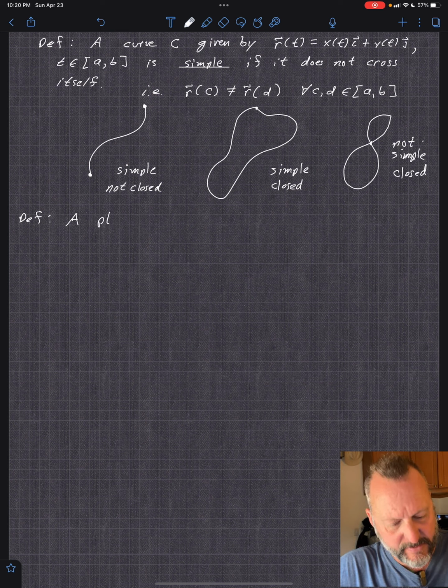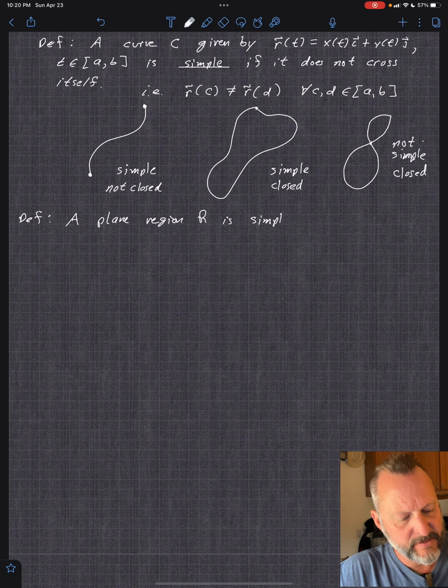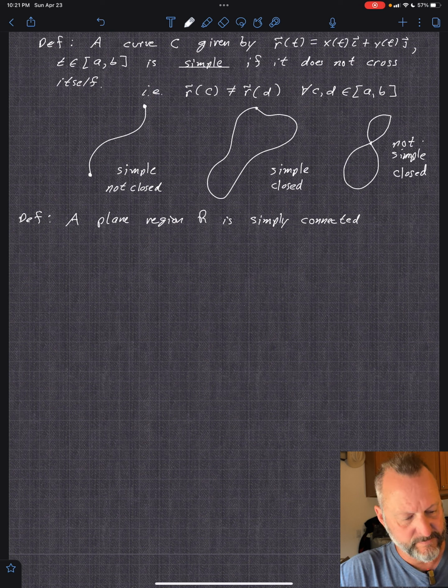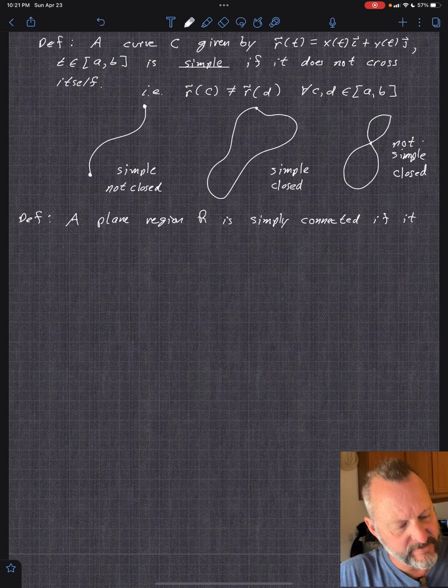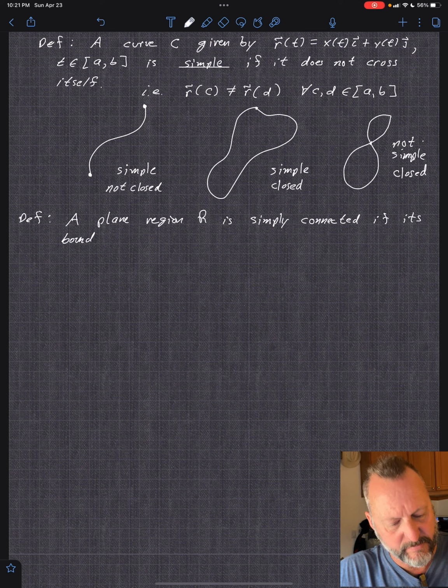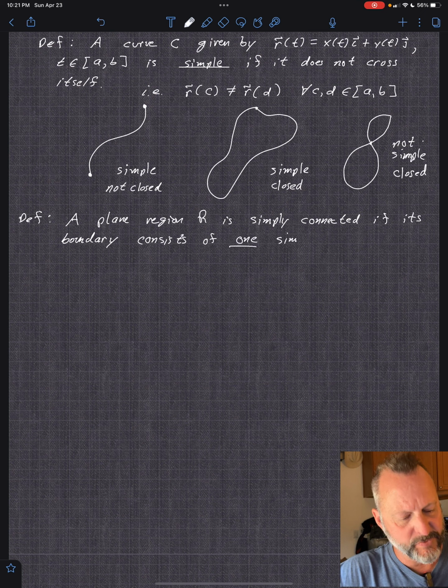So a plane region R is simply connected if its boundary consists of one simple closed curve.